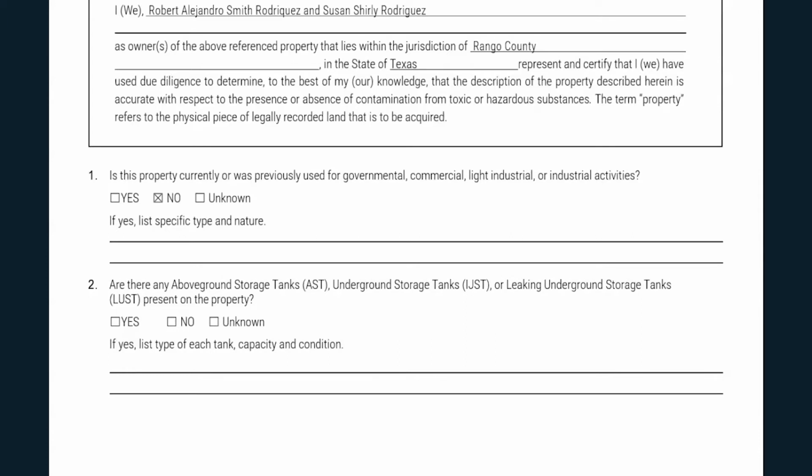In number 2, the question asks, are there any above-ground storage tanks, underground storage tanks, or leaking underground storage tanks present on the property? Above ground storage tanks and underground storage tanks typically hold petroleum or other hazardous chemicals. Above ground storage tanks are not always above ground.